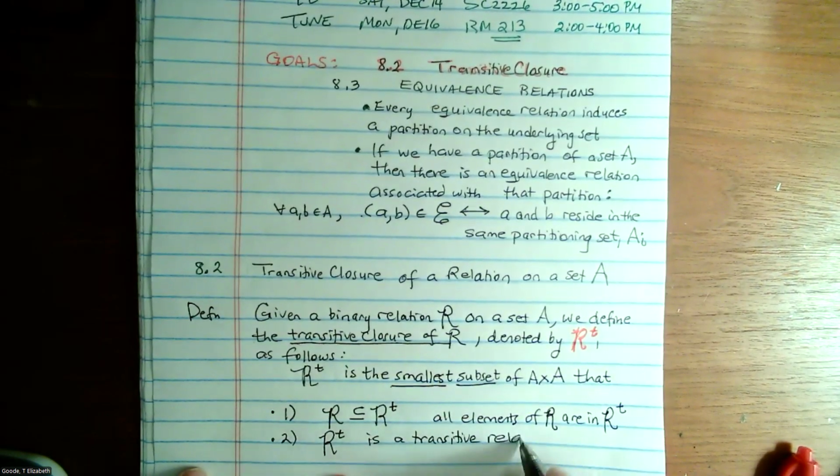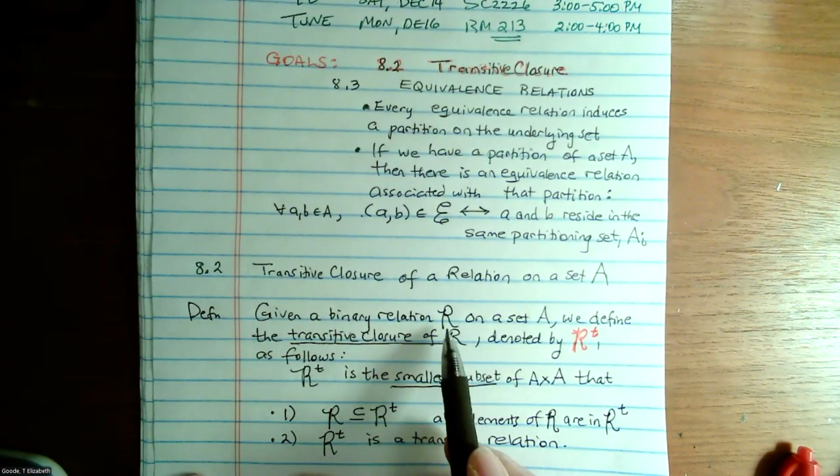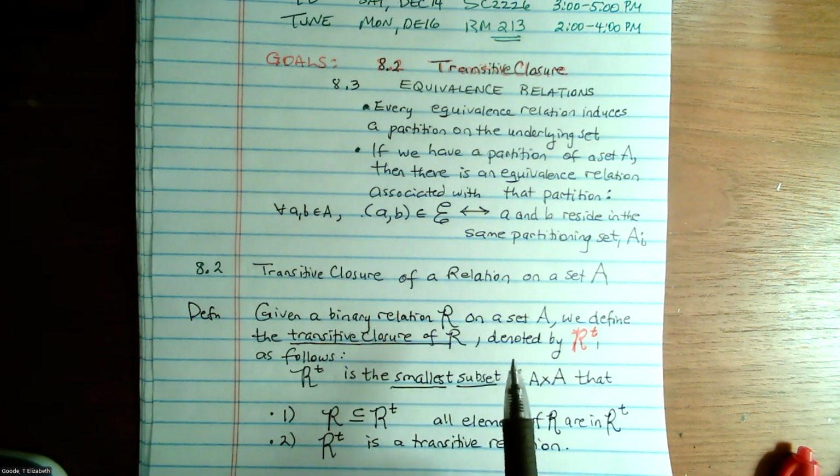So the idea is this: we might have a curly R that's not transitive. And just recall the definition of transitivity, because we need to understand transitivity.